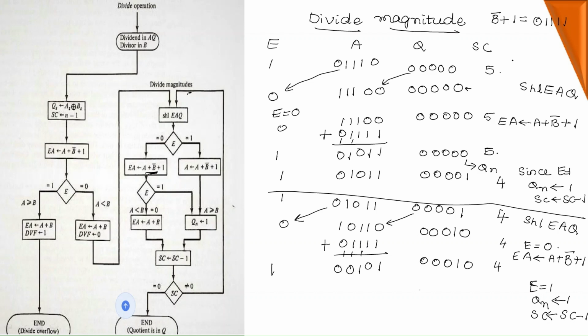So the Qn bit becomes 00011, and your sequence counter becomes 3, and your values remain the same. Okay, this is one step. We'll continue.